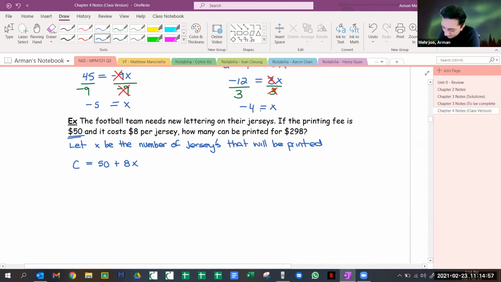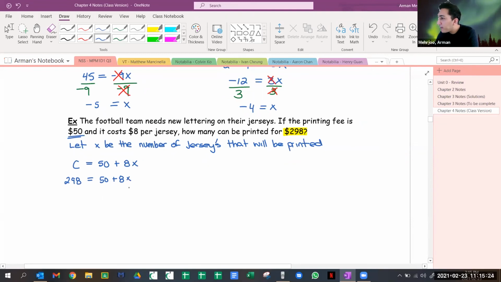We know that my cost has to be $298. That's how much money I have in my pocket. And so that's how much money I can spend. I can't spend any more. So my cost has to be $298. Let's see how many jerseys we can print for $298.